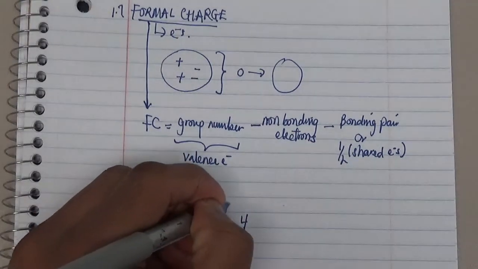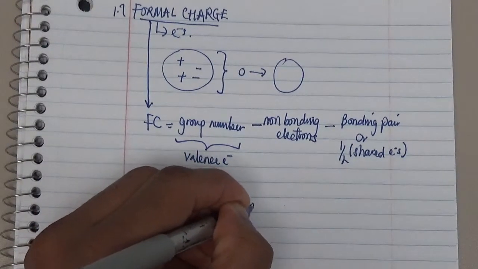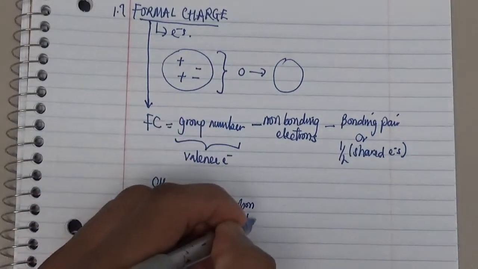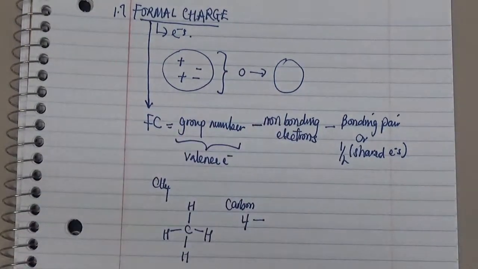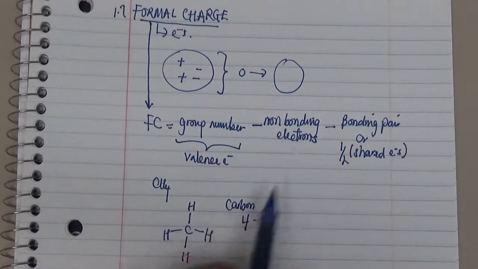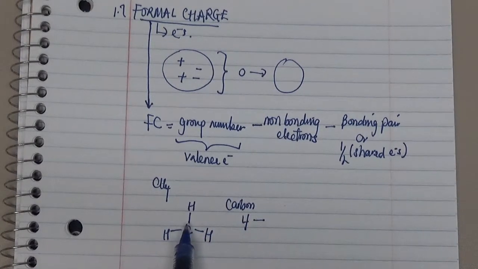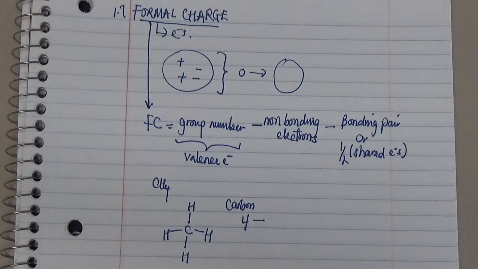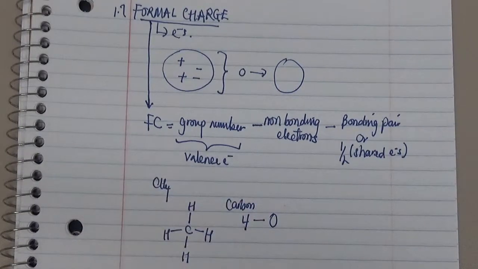Subtract from that the number of non-bonding electrons; there are no non-bonding electrons around this carbon, so we put 0.